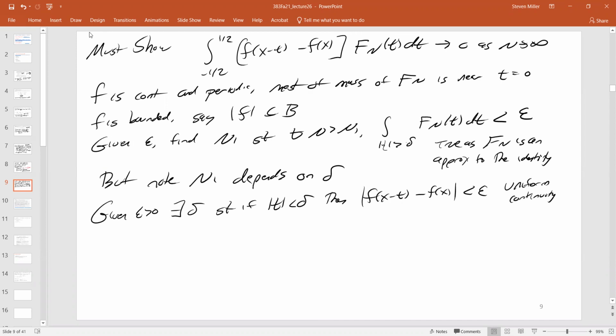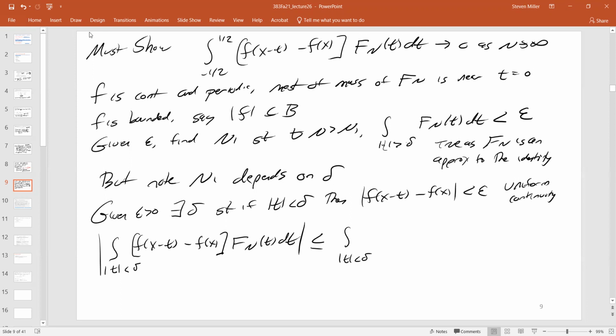So what this means now is that if I look at the integral over the absolute value of t less than delta of f of x minus t minus f of x times Fn of t dt in absolute value, that's going to be less than or equal to the integral over t less than delta of epsilon times Fn of t.